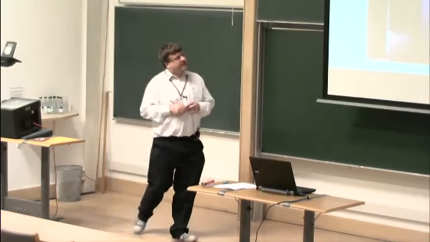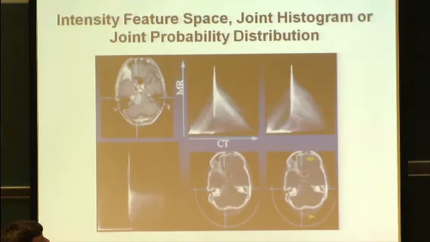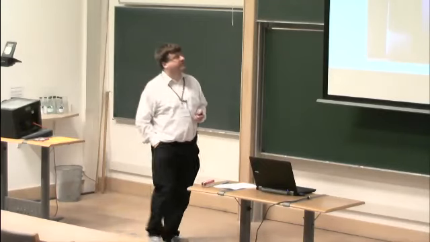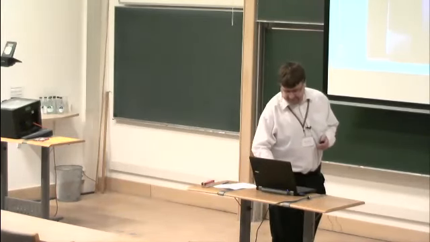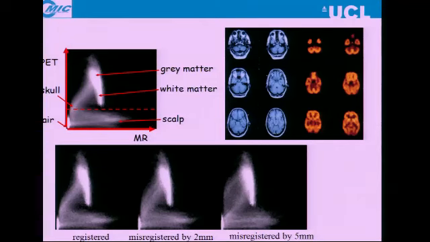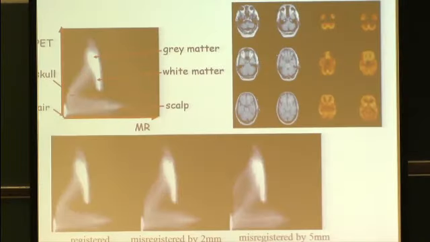So in qualitative terms, the goal is to transform this image, let's say this one is being transformed, so that the histogram has as much peakiness as possible. And we simply measure that with entropic measures. This one is PET MR. They see the same thing: when it's registered, it has this alignment.